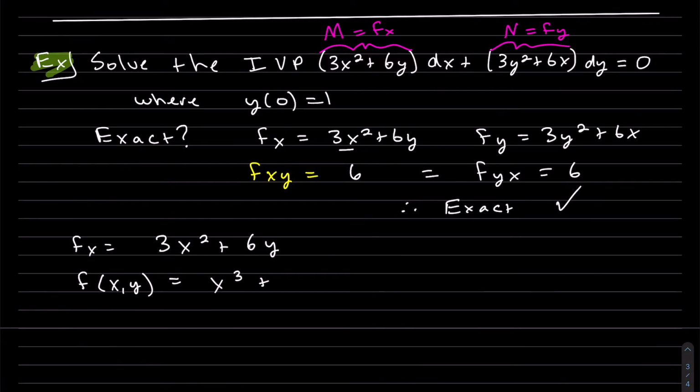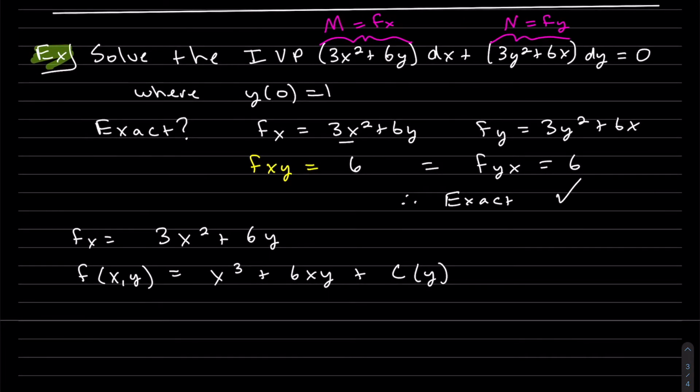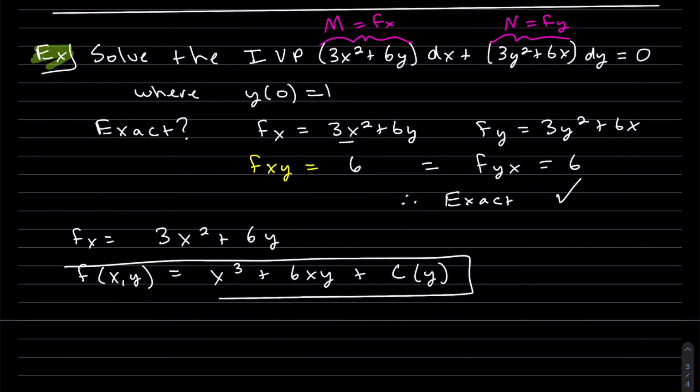In terms of x, integrating, it's 6xy plus my constant. I integrated up there in terms of x. So this, my constant, is in terms of y, treated as a constant. So just so we know, this is my solution that I'm looking for.